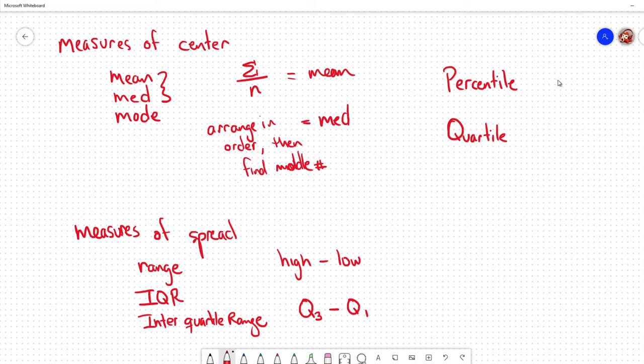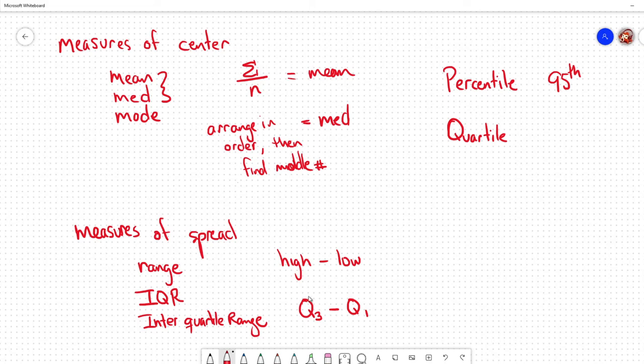If I am told I am in the 95th percentile, that means my score is higher than 95% of the population. Quartile means quarter.